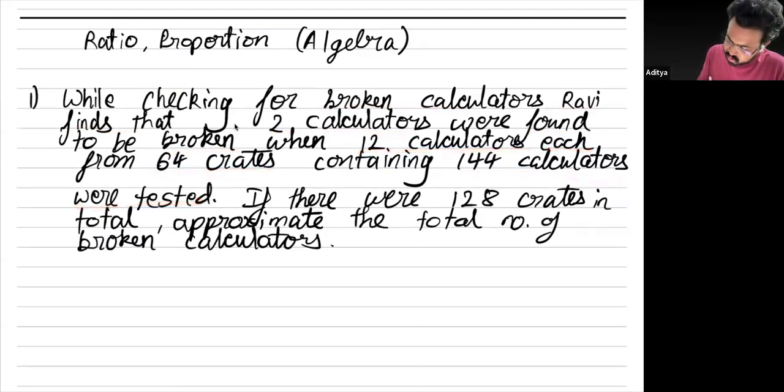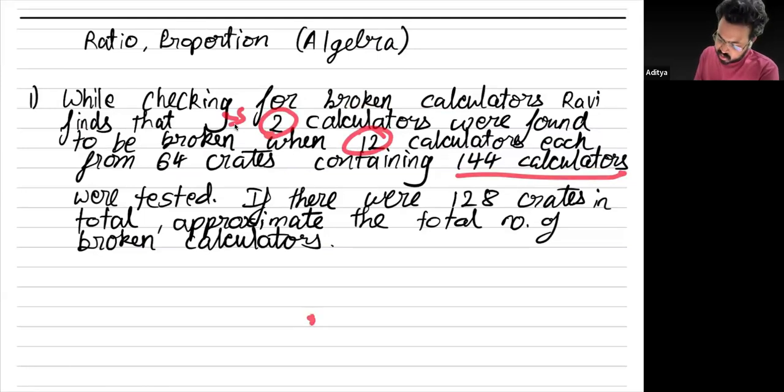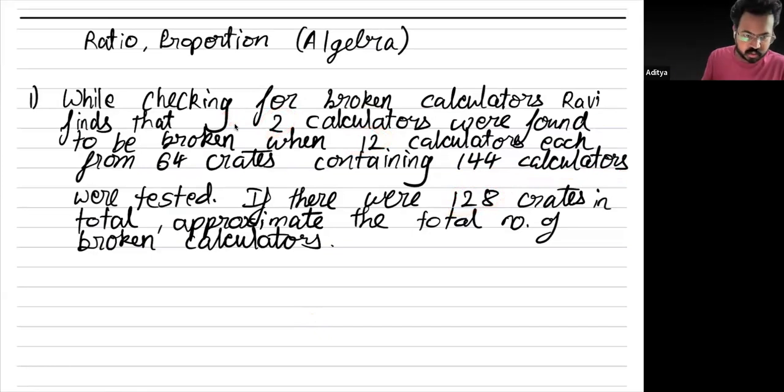So there are 64 crates which contain 144 calculators each. And of those 144 calculators, 12 of them were checked, and in total, two calculators were found to be broken. If there are total 128 crates, then you need to find or estimate the total number of calculators that could have been broken.